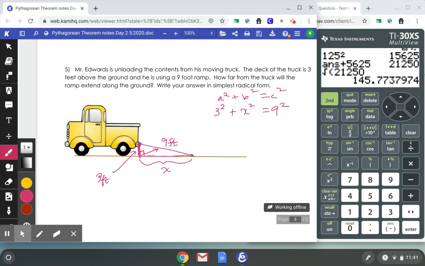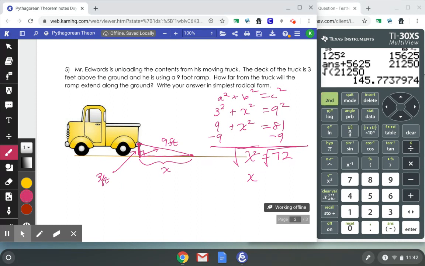So I can simplify this. 3 squared is 9. 9 squared is 81. Now I have to get x by itself. So I have to get rid of this positive 9. I'm going to subtract 9 from both sides. I get x squared equals 72. Now I have to get rid of that squared, so I'm going to take the square root of both sides. I get x by itself.